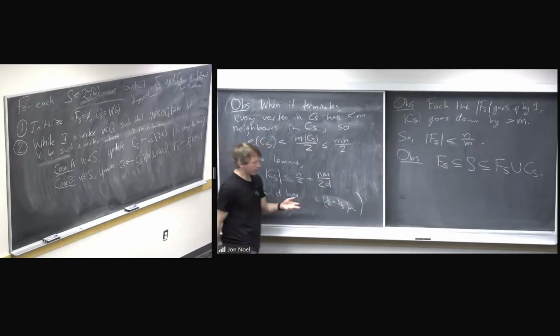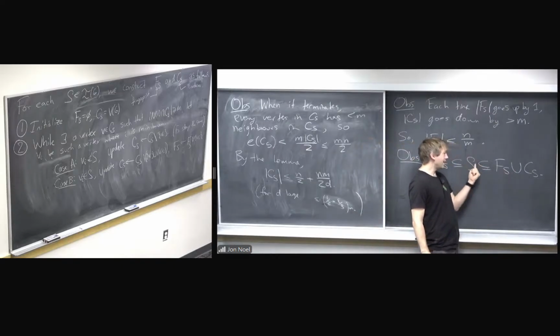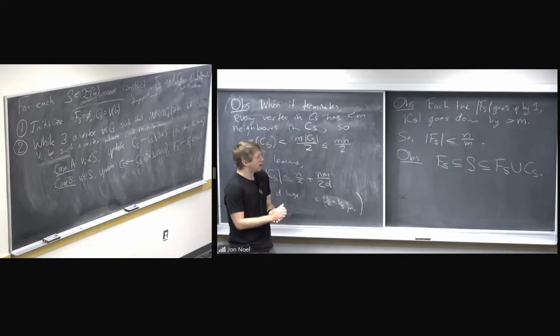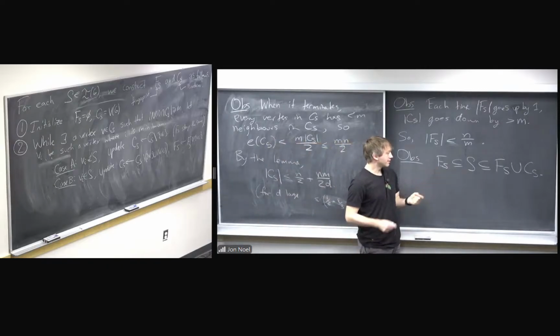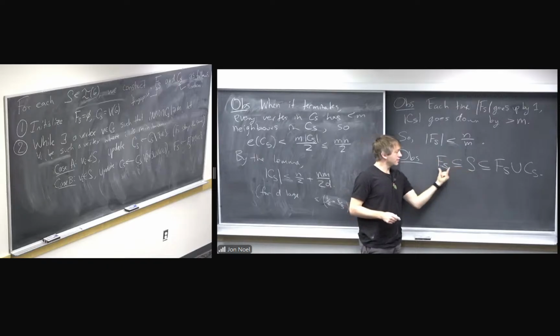Part of the reason for the name container is that it kind of contains the set S, although it doesn't quite, because you need the fingerprint as well. But this just comes from observing how the algorithm runs, right? Every time you add something to the fingerprint, it's because it was in S. And so this containment holds.